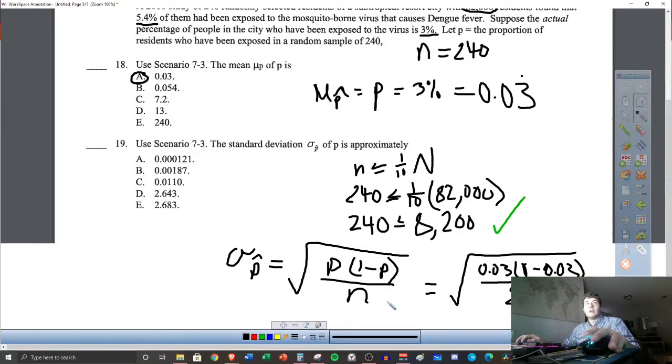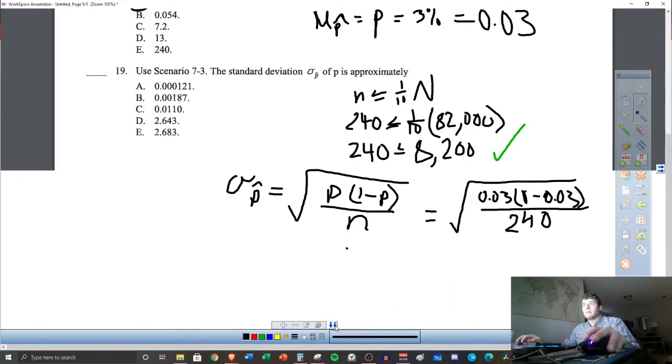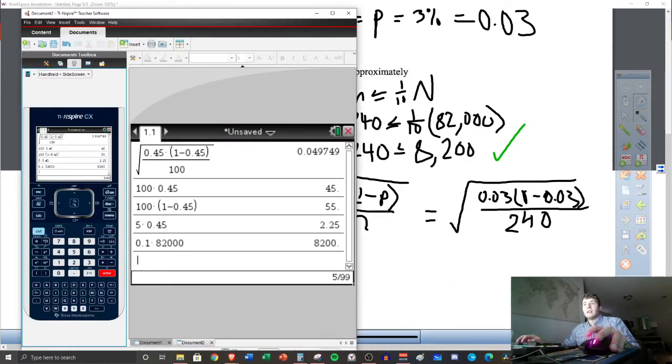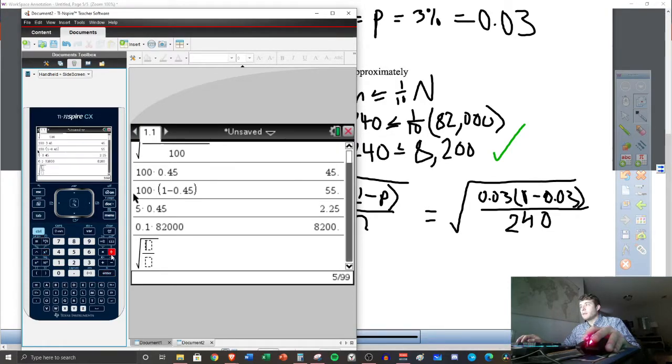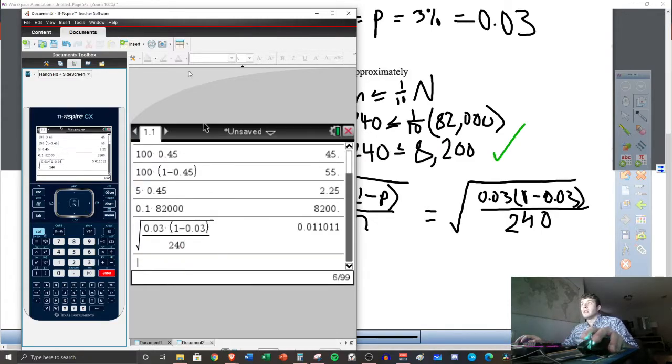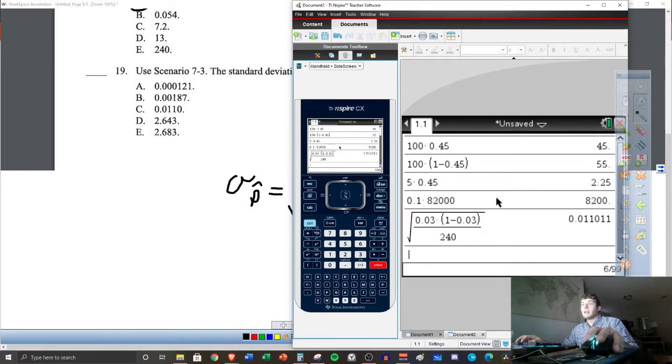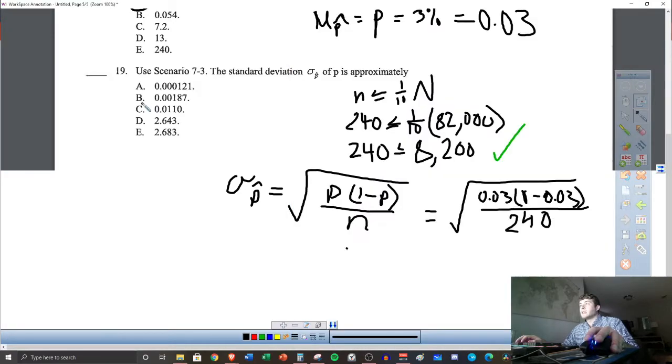Let me make that bigger so y'all can see it. Make a square root, make a fraction, 0.03 times 1 minus 0.03 over 240. There's our standard deviation. And you can see that it's going to be C on this one. So that's going to be that next step.